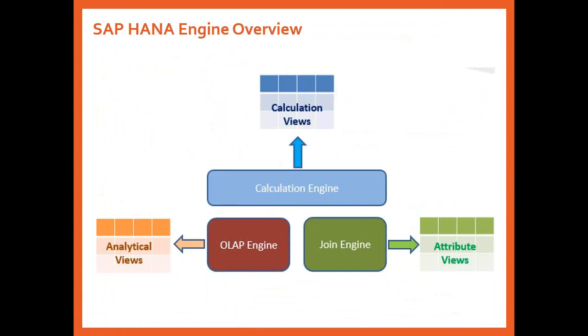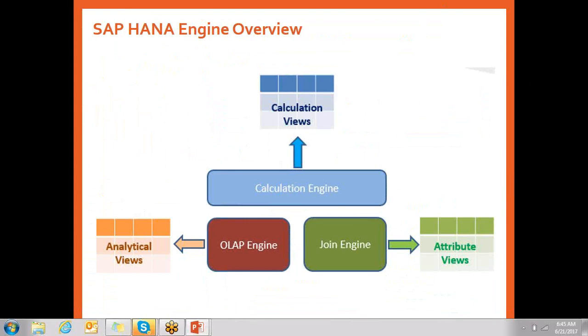Calculation view is where we can combine attribute views and analytical views. In a calculation view we can create complex scenarios. If you want to build complex logic, you can go for a calculation view.